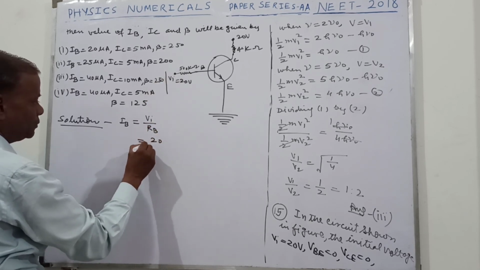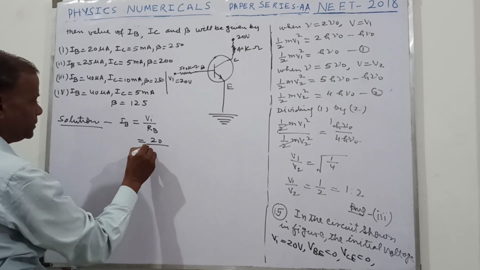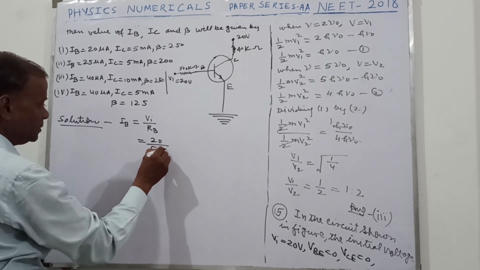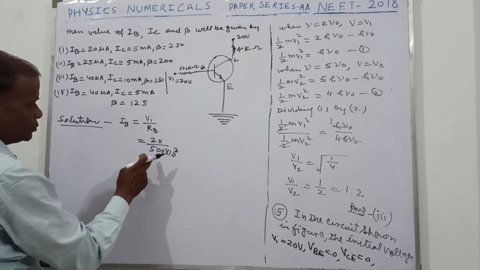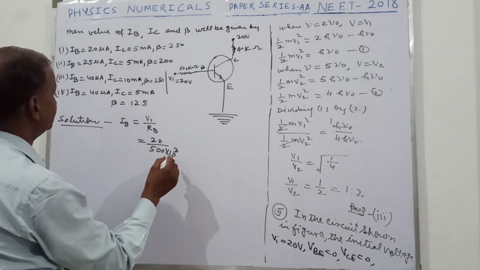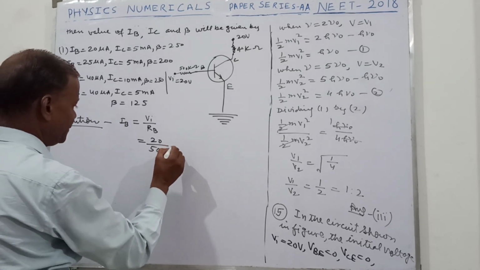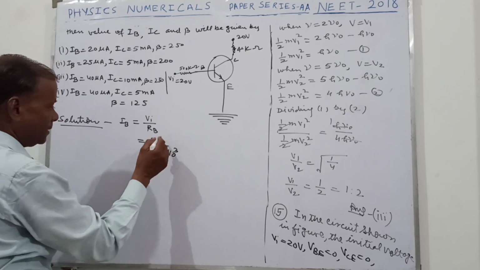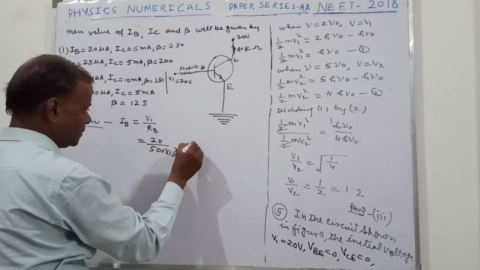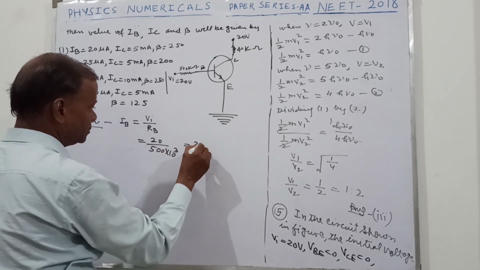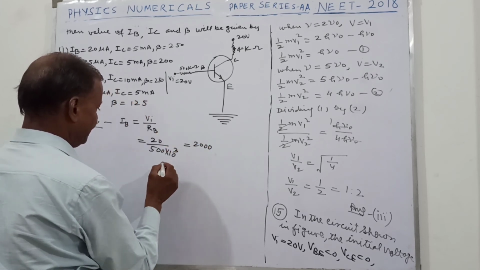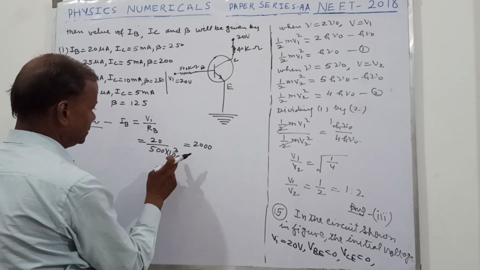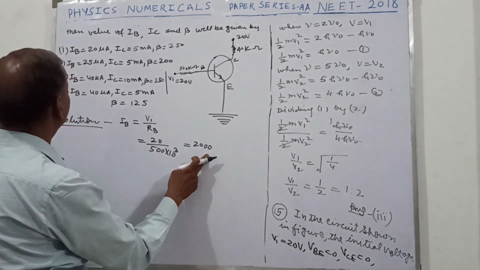Vi is equal to 20 volts and this is equal to 500 kilo ohm, 500 times 10 raised to the power 3.